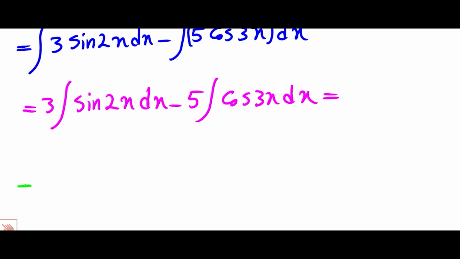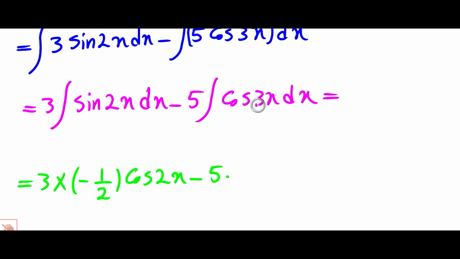So we have 3 times the integral of sine of 2x equals -1 over 2 cosine of 2x, minus 5 times the integral of cosine of ax, which equals 1 over a sine of ax. So we have 1 over 3 sine of 3x plus c.